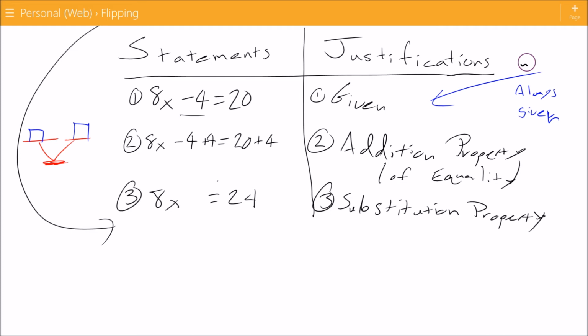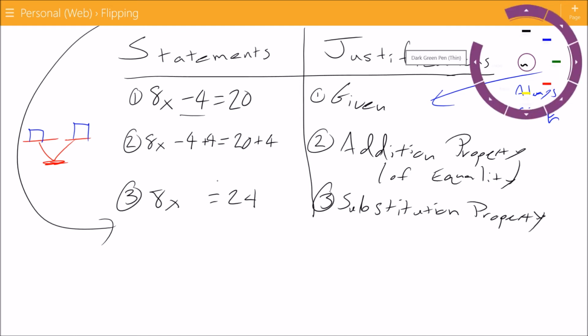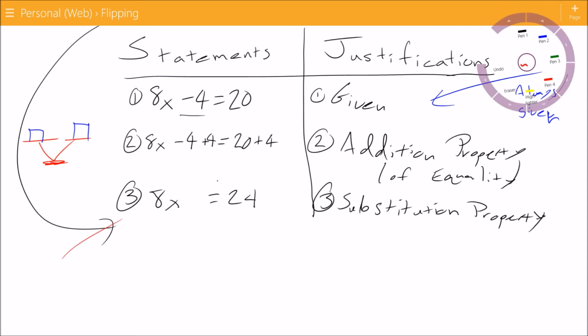Okay, this is the same thing. This 8x is equal in value to 8x minus 4 plus 4. Why? Because the negative 4 and the positive 4 cancel each other out.